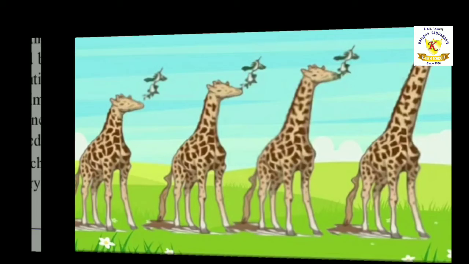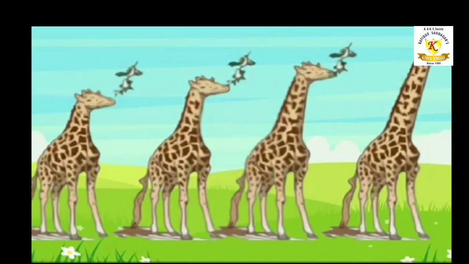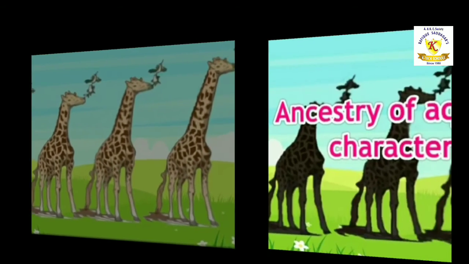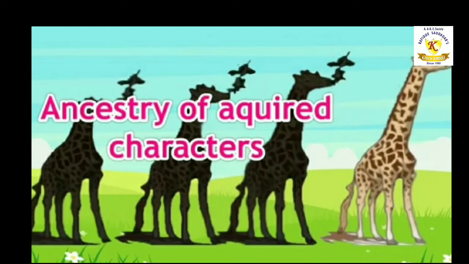Because it had been verified many times that modifications brought in us are not transferred to the next generation, and thereby Lamarck's theory was disapproved. The living organism can transfer the characters which it has acquired to the next generation. So this is called inheritance of acquired characters. Understood, children? Good.